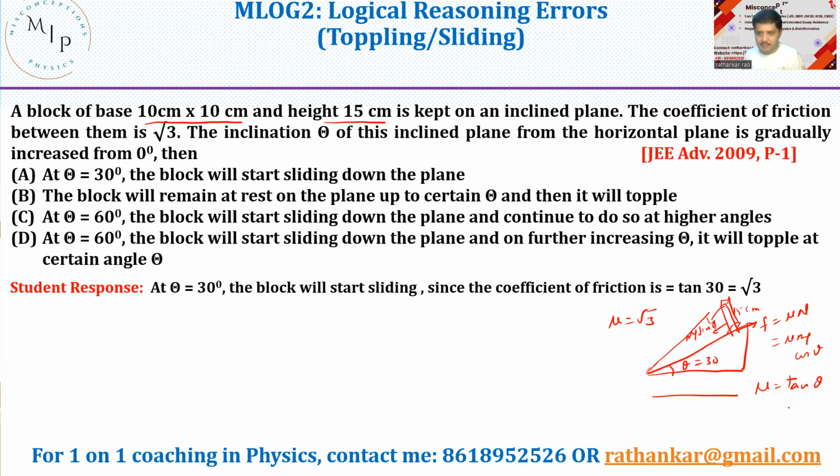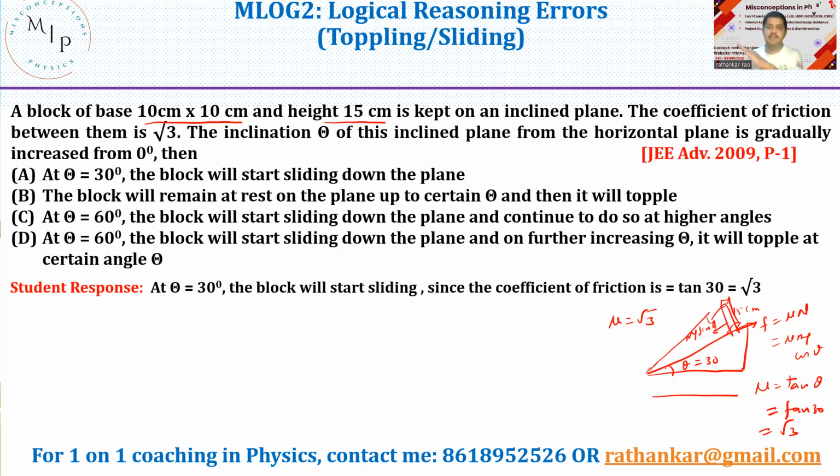Now, if I substitute theta equal to 30, tan 30 would be equal to √3, which means the sliding friction is seen to be √3. If you increase the angle more than this, then the object will slide. So he thought, since the coefficient of friction is equal to this angle of repose, definitely the object should slide.